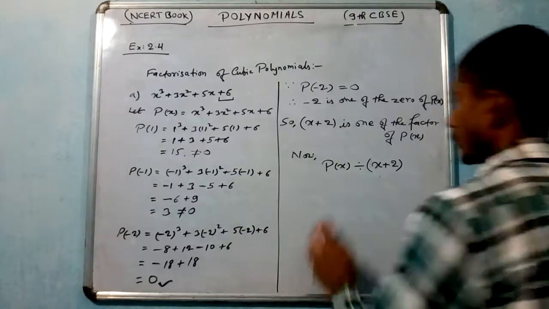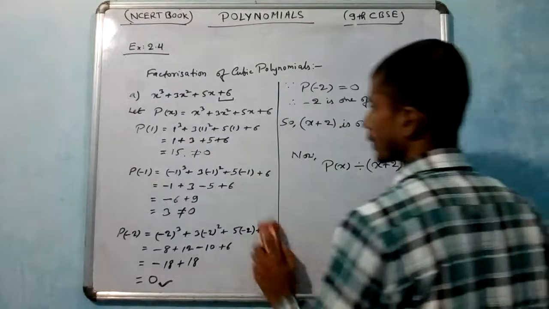Now what we will do? We will divide p(x) by x plus 2.